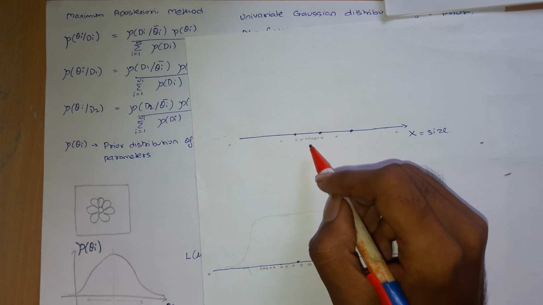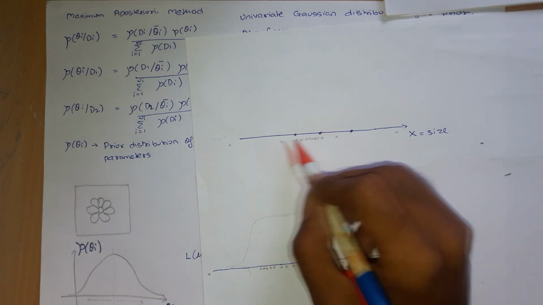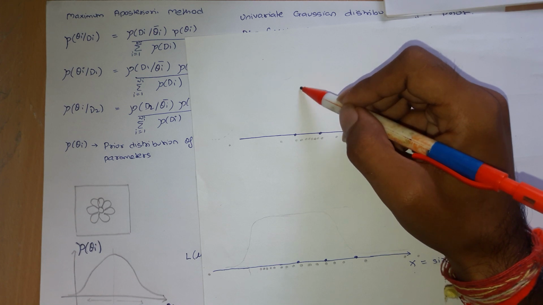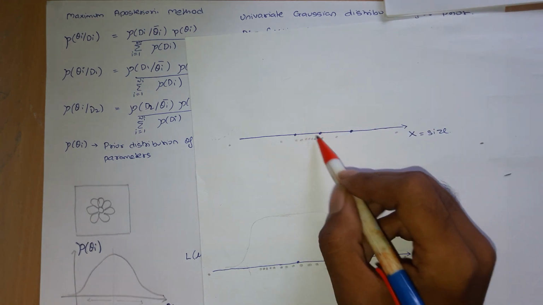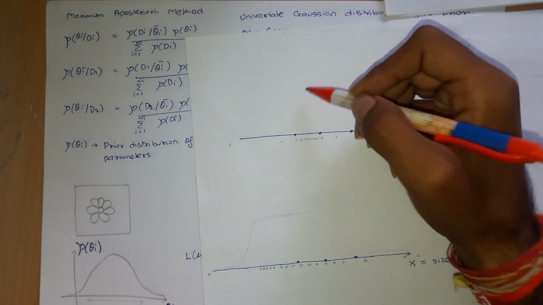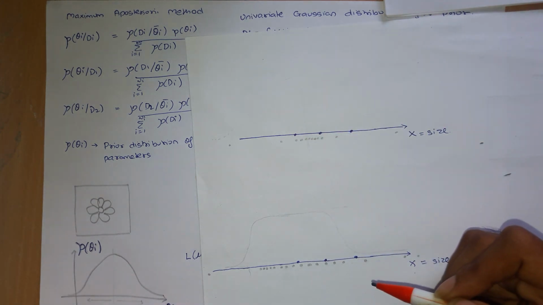Here you can see the mean should be somewhere over here, because there are more samples over here, so the mean of the samples may be somewhat over here.